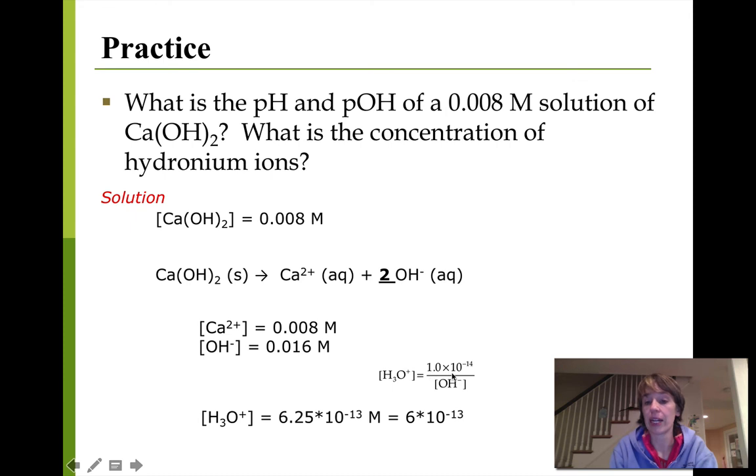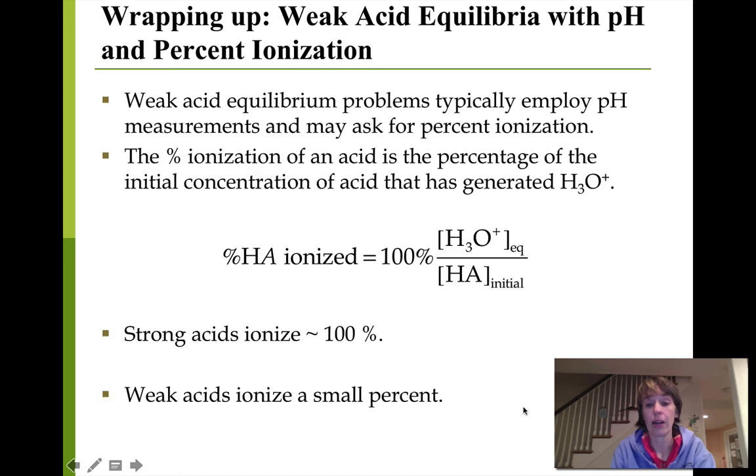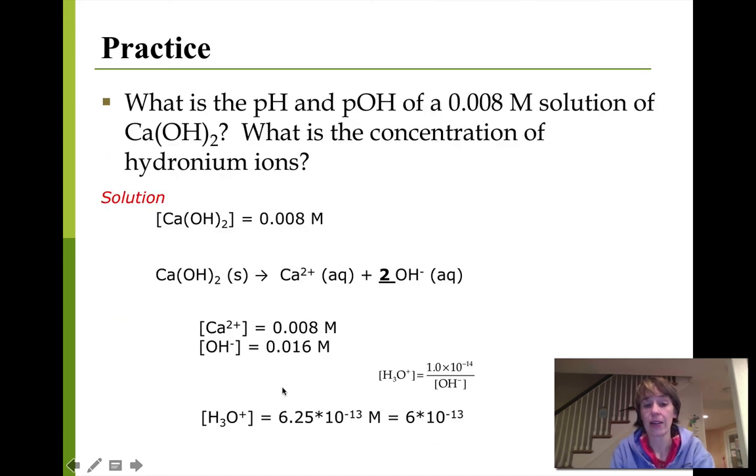When we divide 10 to the negative 14th by the 0.016, we get our concentration of hydronium as 6 times 10 to the negative 13th. I didn't put on the slide the calculations of pH and pOH, but once we've got those concentrations, the pOH is simply the negative log of the 0.016. The pH is simply the negative log of 6 times 10 to the minus 13th.